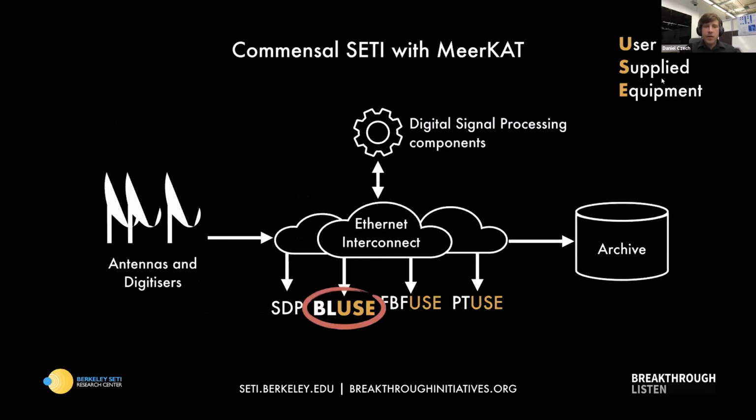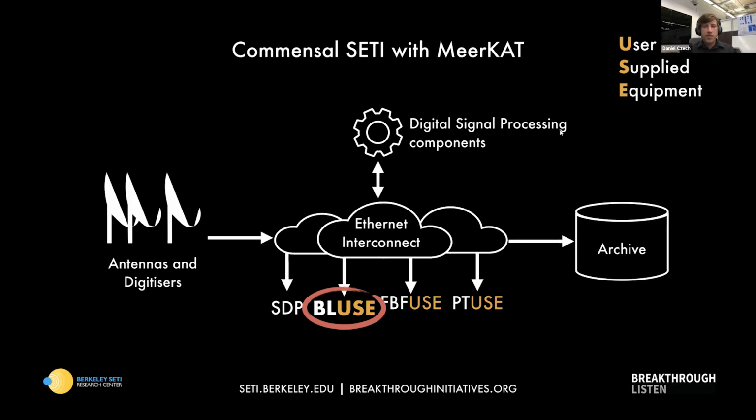This is an example of the kind of Ethernet architecture at MeerKAT. You have the antennas and the digitizers that turn the analog signal from the dishes into digital information, which is sent via an Ethernet network to the digital signal processing components, and also all the commensal and primary users of the telescope.